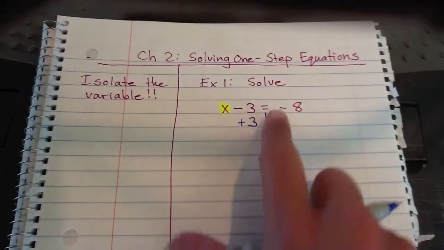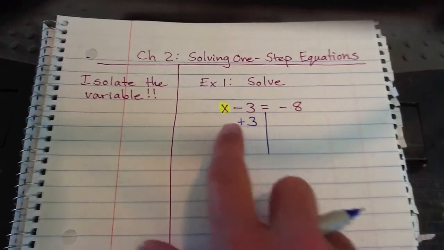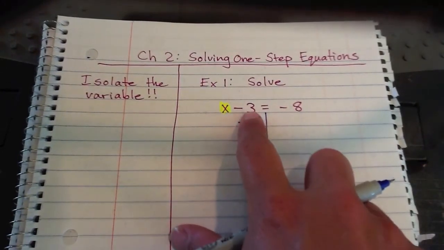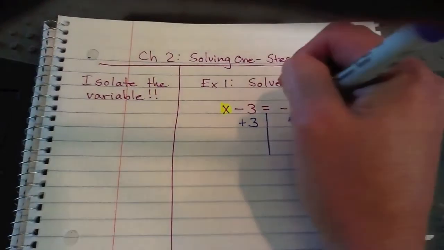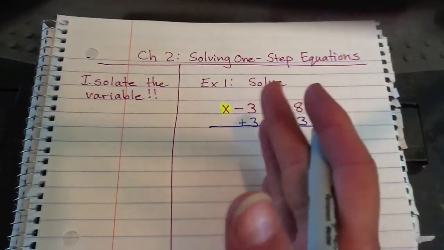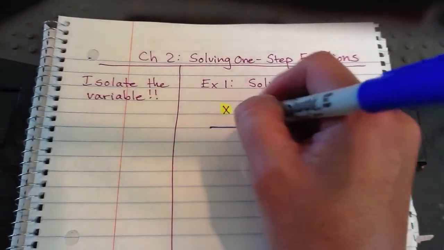If I'm going to add 3 to one side, I draw this line and I think about how I have to add it once to this side. It's more important when we get to the multi-step equations that you make sure once here, once here. So you draw that line to separate the two sides of your equation. Negative 3 plus 3 cancels.